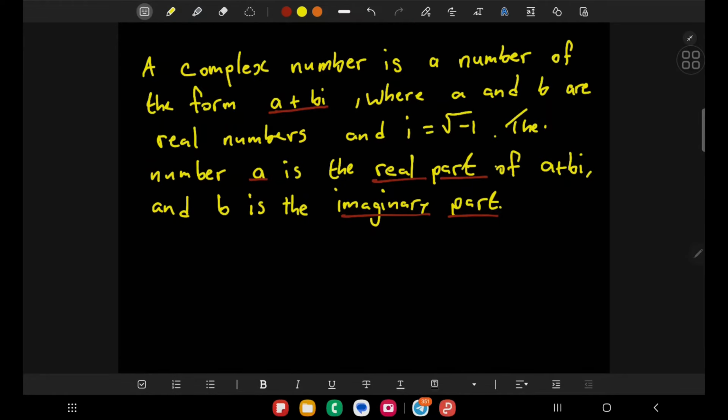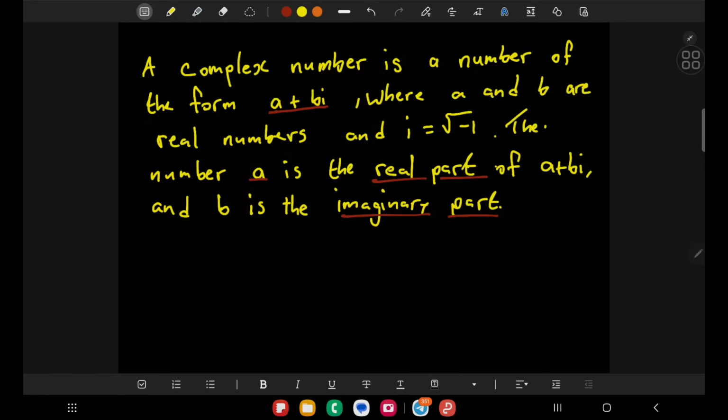So a complex number is a number of the form a plus bi, where a and b are real numbers and I is equal to the square root of -1. The number a is the real part of the expression a plus bi, and the number b is the imaginary part.